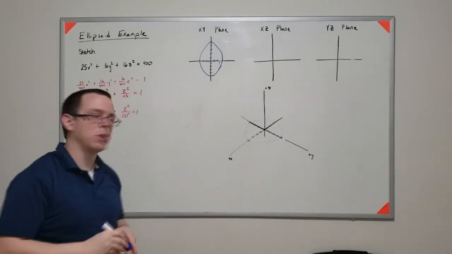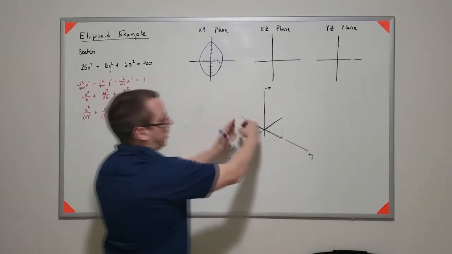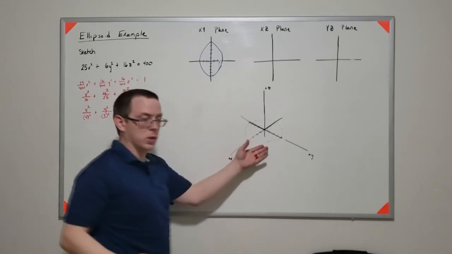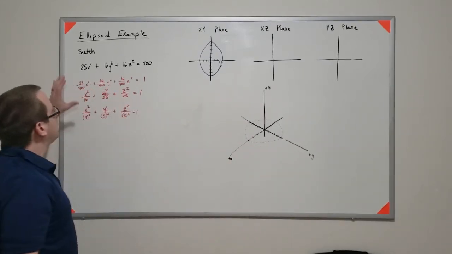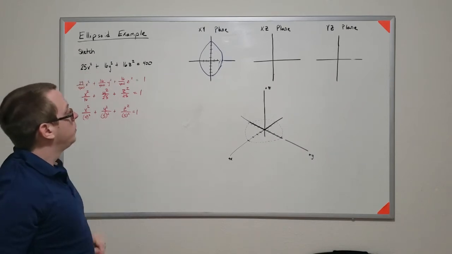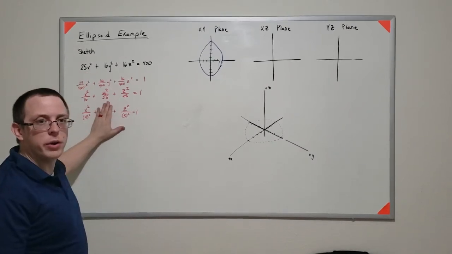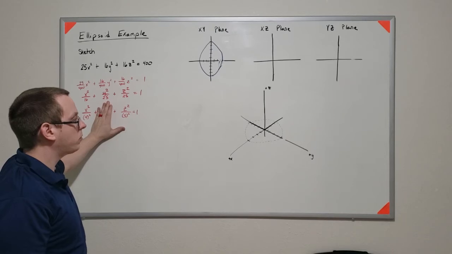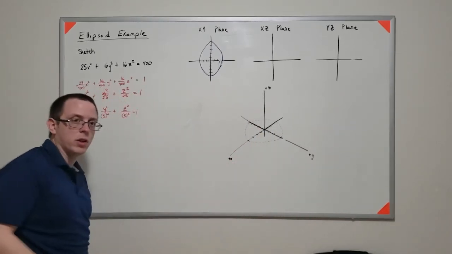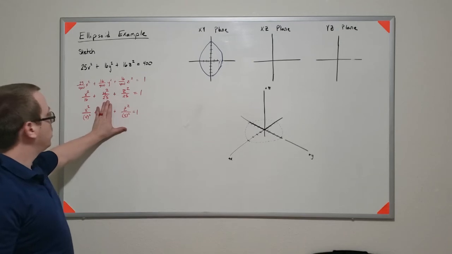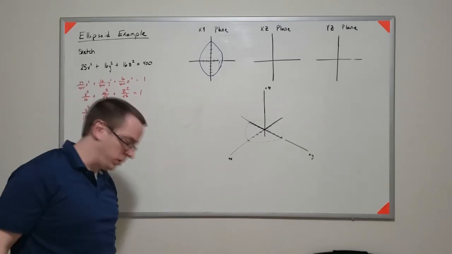I didn't draw my hash marks super great, but we have something that kind of looks like an ellipse. This doesn't really look like an ellipse, but we would have something that looks like an ellipse. So in the XZ plane, that's the case where we're going to deal with y being 0. So that's these axes. We're also going to have an ellipse. And notice that that ellipse is going to look pretty much exactly like this one.